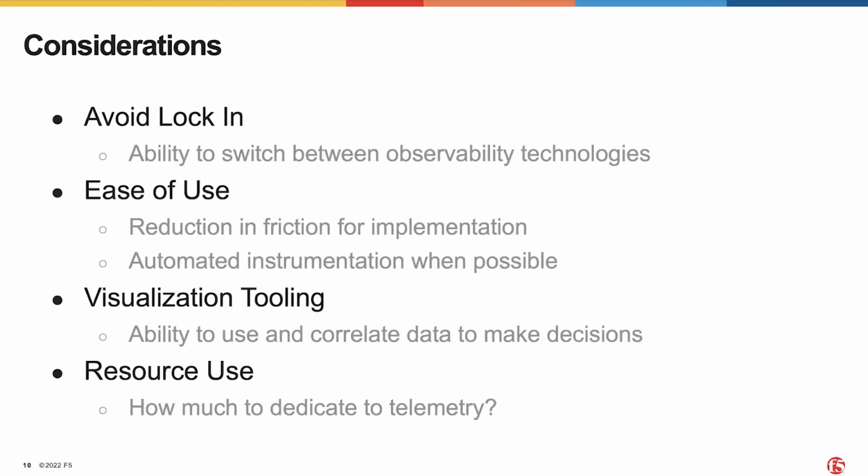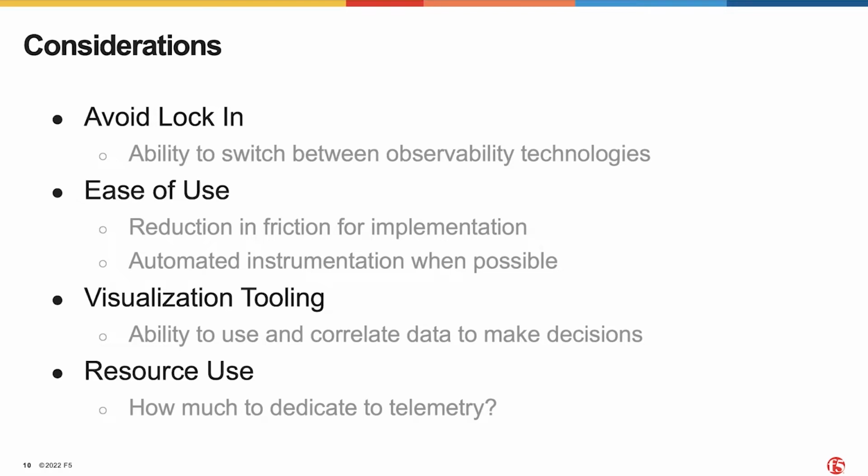Our considerations, I think everybody tries this, we want to avoid lock-in. We wanted to be able to switch between different observability technologies. This was very important to us because MARA is designed as a scaffolding to plug different pieces in and take pieces out. And if you watched our earlier discussion on MARA, we do talk about our need to pick protocols over products.